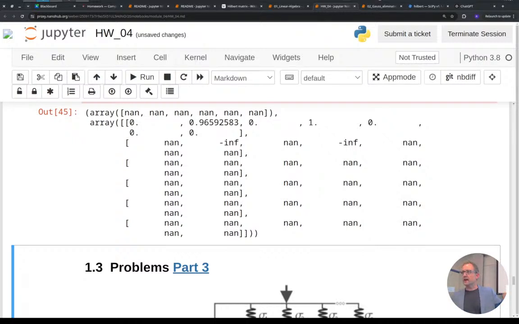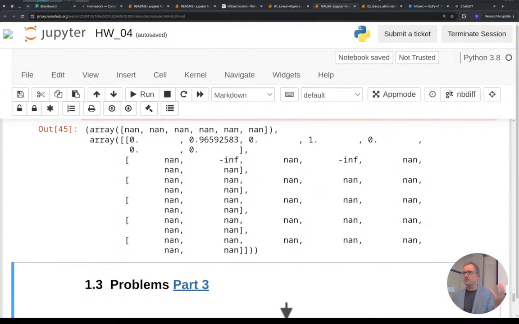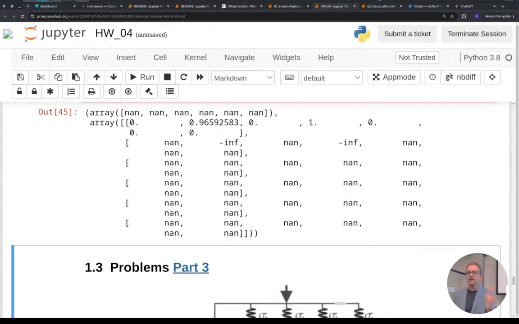So again, we're doing things to force the computer to give us an error to see what's the realm of working conditions, how well all of this stuff works for us. Naive Gauss elimination is not doing any partial pivoting to make sure it doesn't run into these problems.